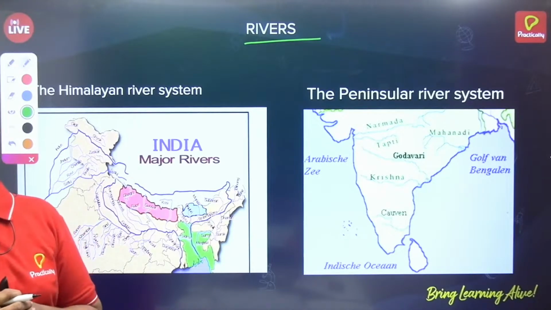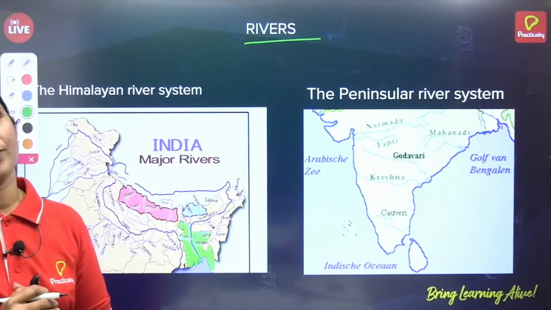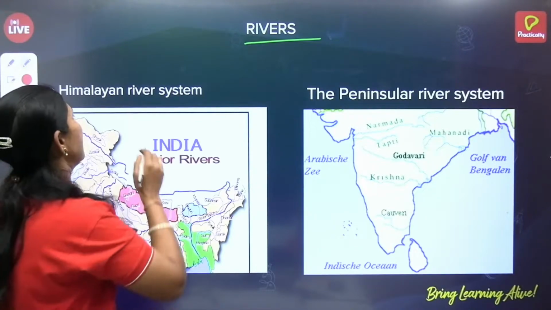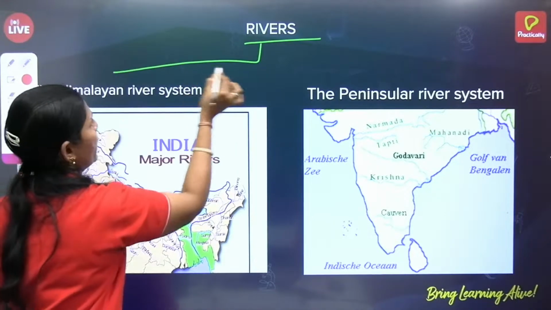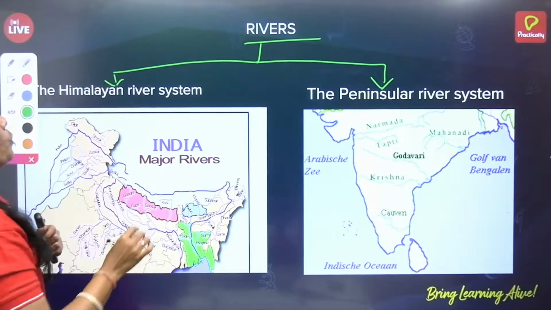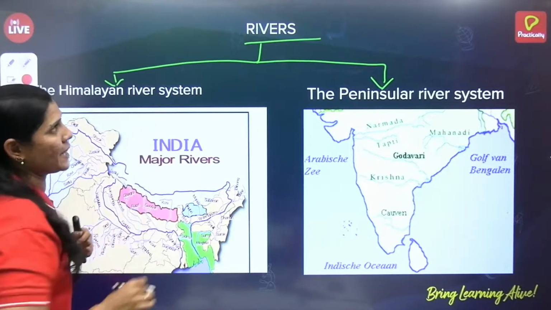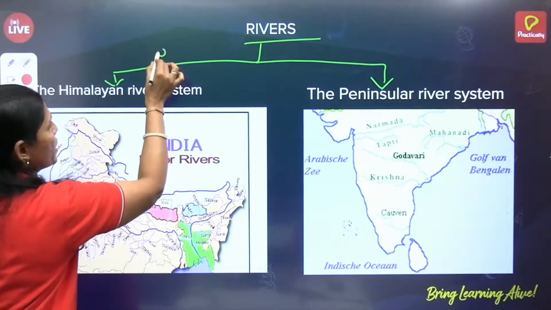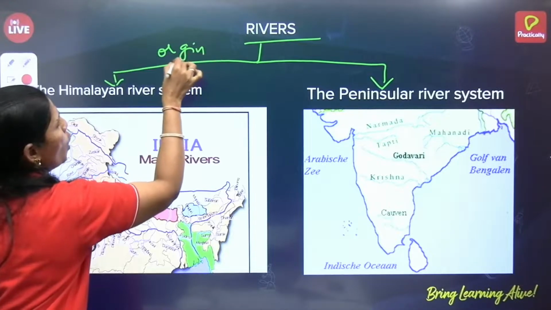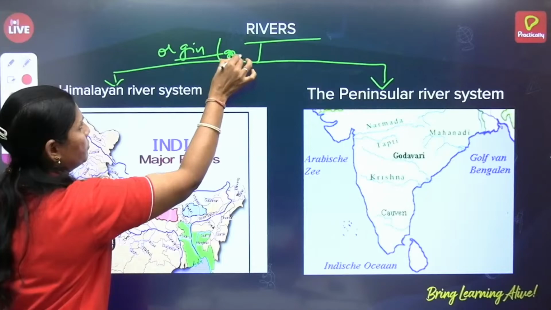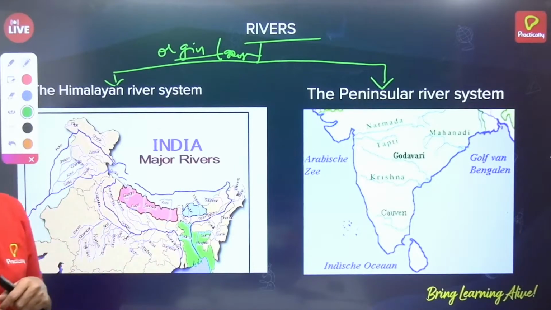Basically, the rivers are divided into 2 categories, based on their origin and based on their geographical structure.